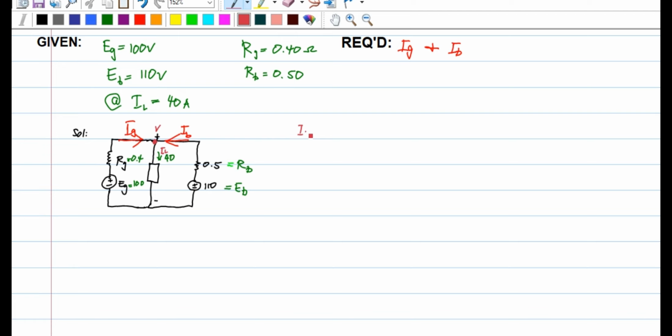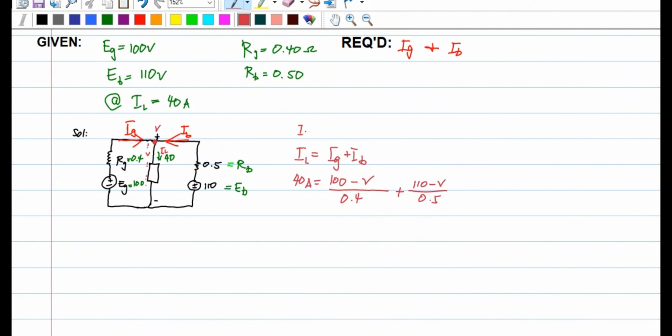Step 1: IL is equal to IG plus IB, where the common voltage is V. So we have IL given as 40 amps. 40 amps is equal to IG, which is 100 minus V over 0.4, plus IB, which is 110 minus V over 0.5.